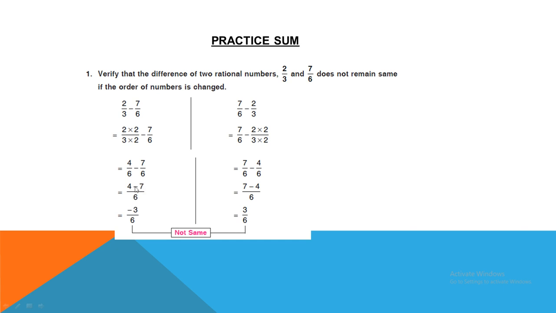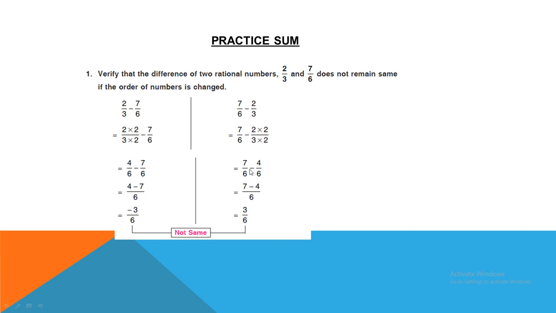If there is one positive number and one negative number, they will be subtracted, but we will get the sign of the number whose numeral is bigger. This 7 is bigger than 4, so we'll get minus 3 by 6. On the other side, 7 by 6 minus 2 by 3. Again we change this number the same way as we have done in the left hand side.